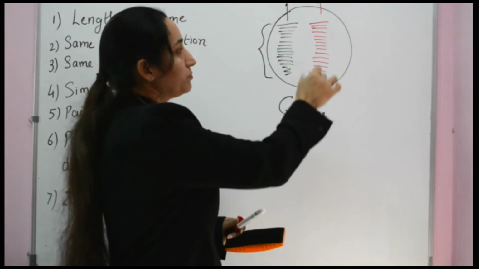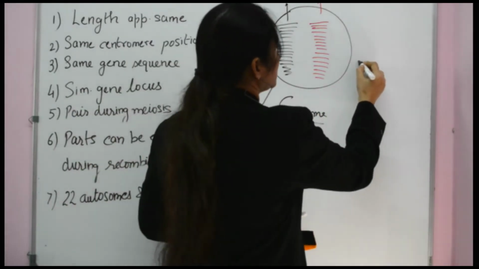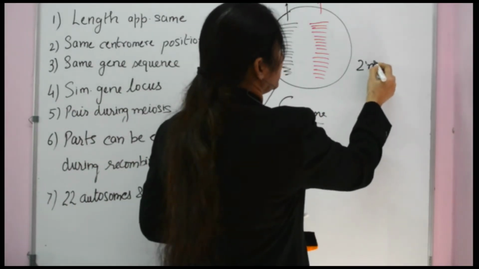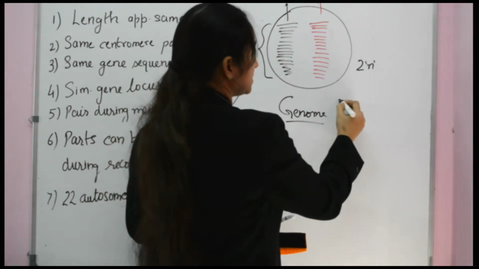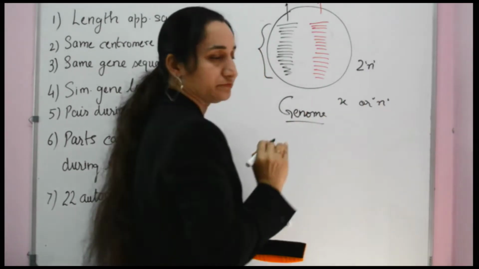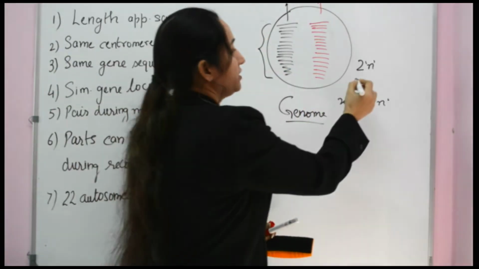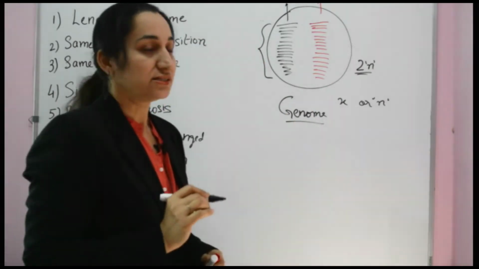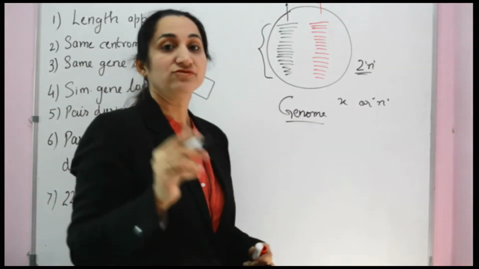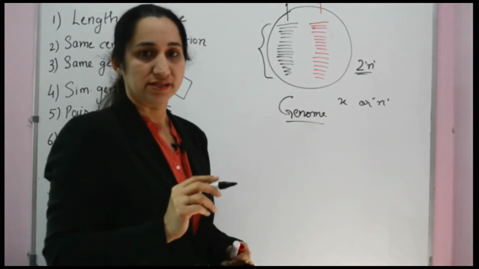Now in a diploid cell we have two sets of genome, hence we say it is a diploid cell or 2n. One set of genome is denoted by X or small n. Similarly, if a cell has three sets of chromosomes, it is said to be a triploid cell.